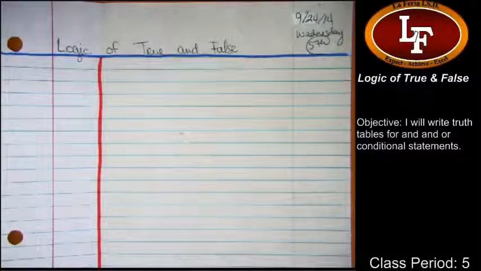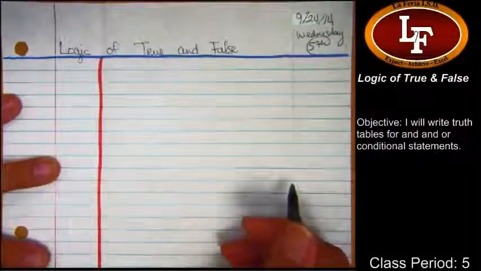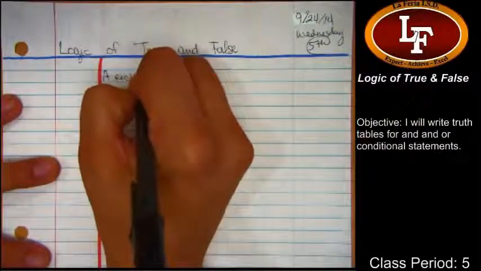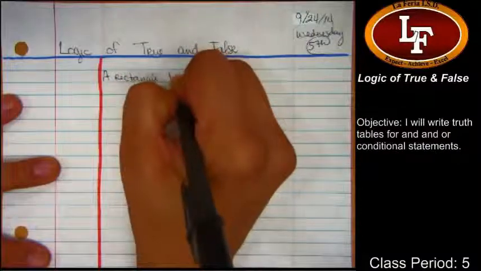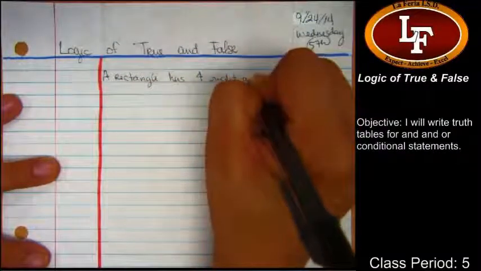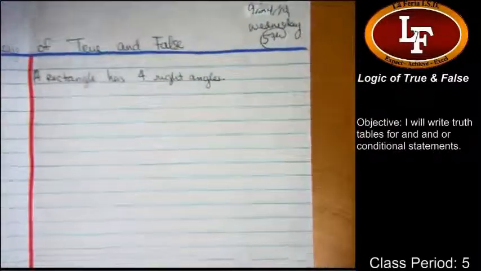Okay? So I want to start off with this statement. A rectangle has 4 right angles. True or false?